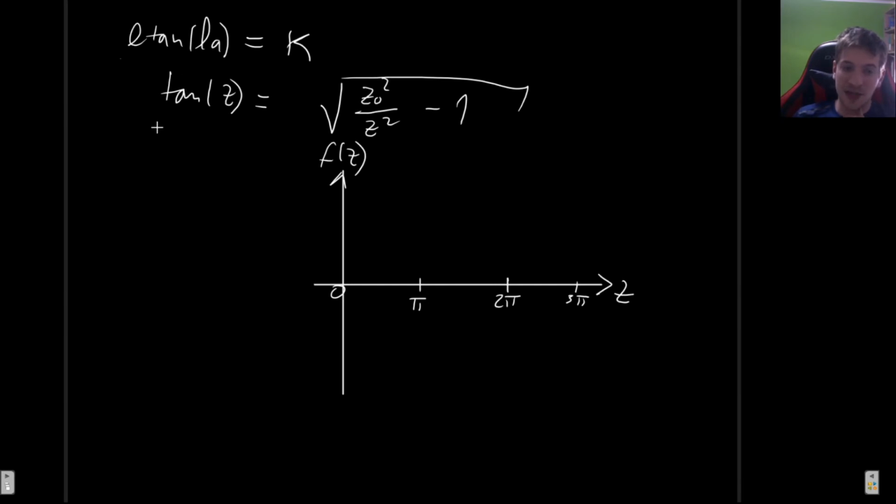And since it is divided by cosine, it's going to go to infinity whenever cosine goes to 0, and that happens at pi divided by 2, 3 pi divided by 2 and 5 pi divided by 2.